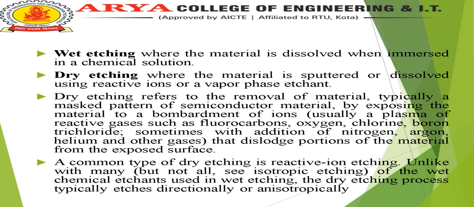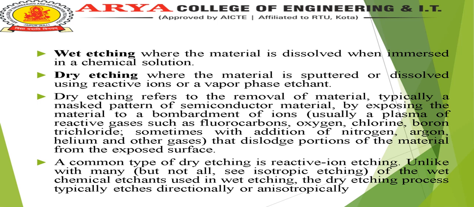It will be clearer now. Dry etching refers to the removal of material, typically a masked pattern of semiconductor material, by exposing the material to bombardment of ions like reactive gases, fluorocarbons, oxygen, chlorine, boron trichloride, sometimes with additions of nitrogen, argon, helium and other gases that dislodge portions of the material from the exposed surface.